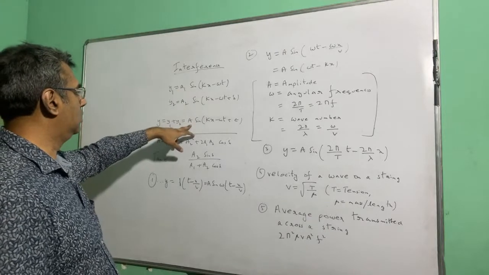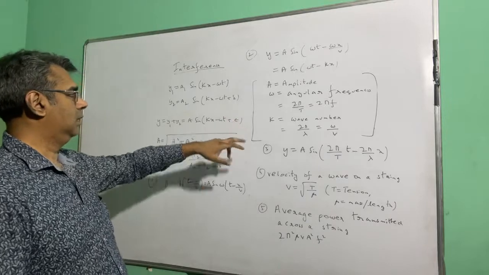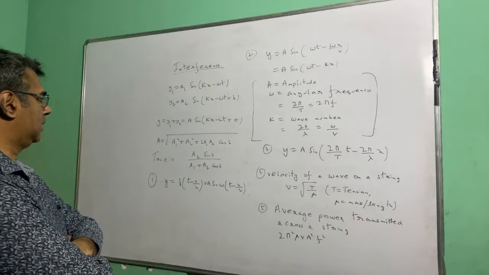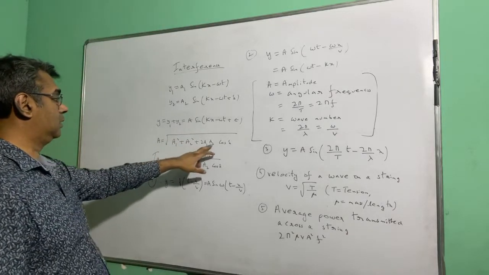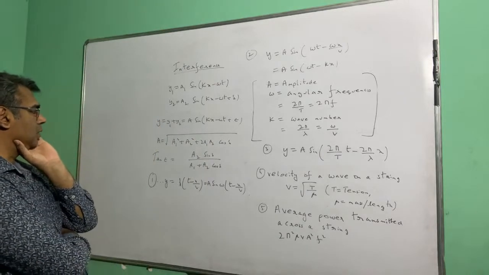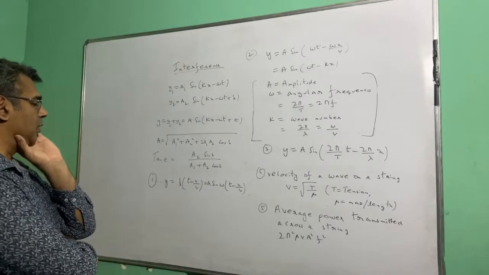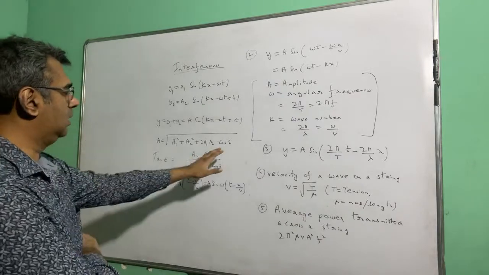The resultant wave will be A sin(kx minus omega t plus epsilon). A will be root over A1 square plus A2 square plus 2 A1 A2 cos delta. And this is the resultant amplitude.